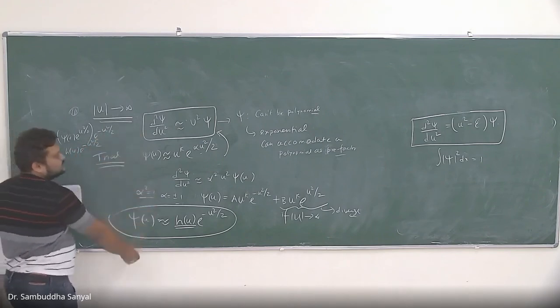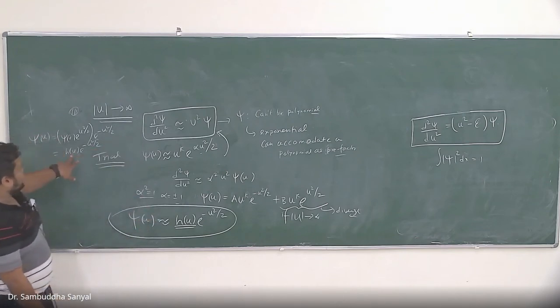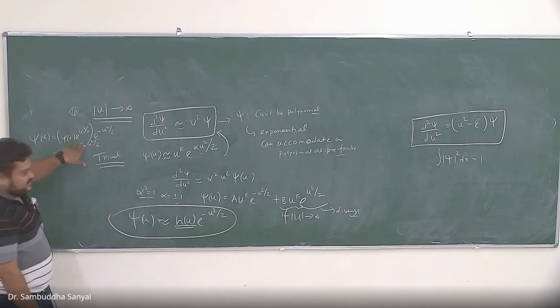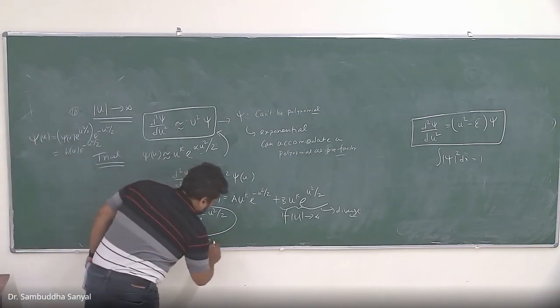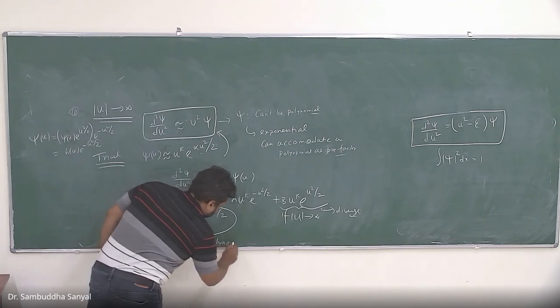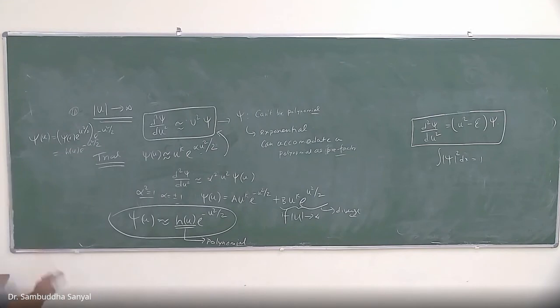So why did I work so hard? I worked so hard to make sure this part is a polynomial. This must be a polynomial. Now I will show that it must be a polynomial of finite order. It cannot be an infinite polynomial.